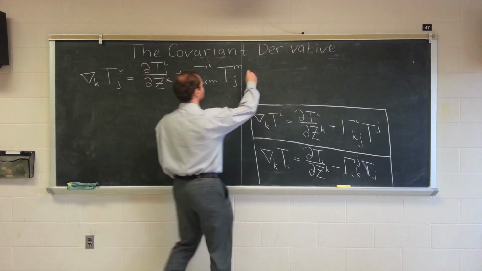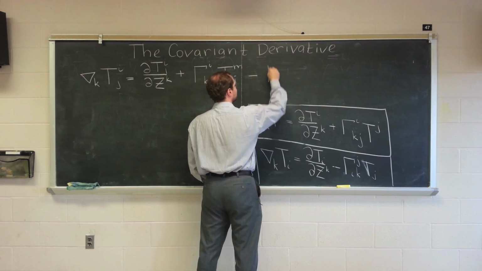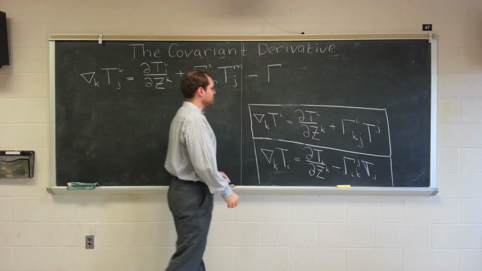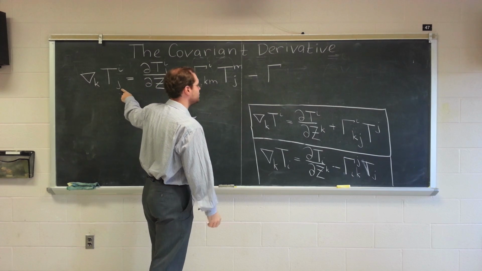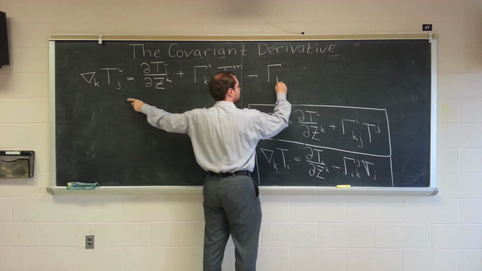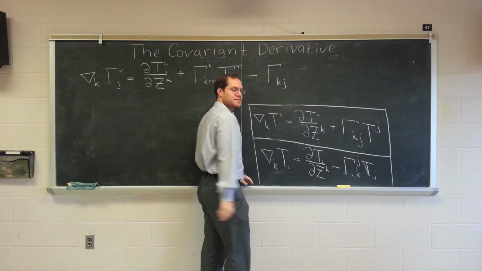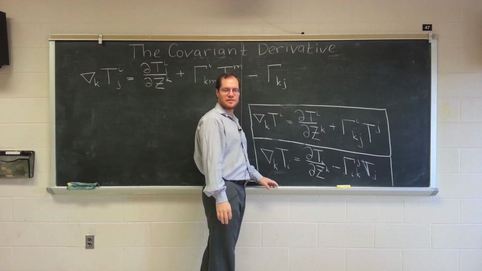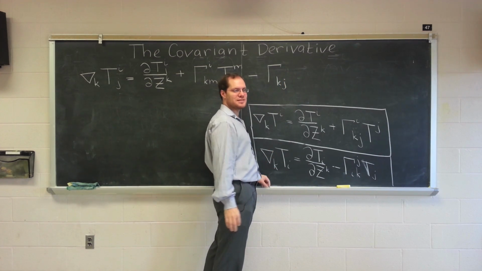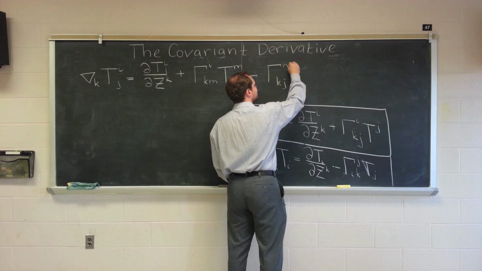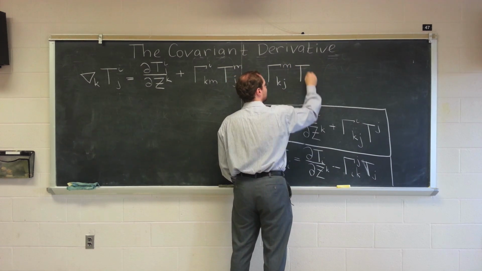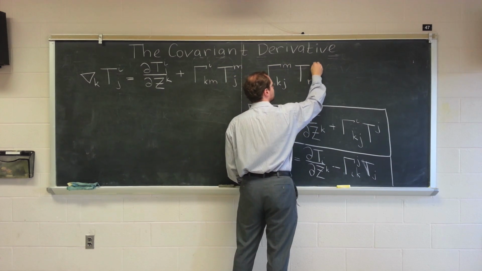Minus gamma, once again, all indices will place themselves. We're now operating on j. So there's a lower k because of the derivative with respect to k. And then it steals j. So you always just write down the first two indices because they place themselves. Then the remaining one is m, and it goes where j was stolen.